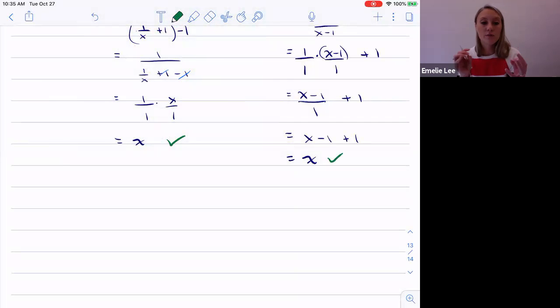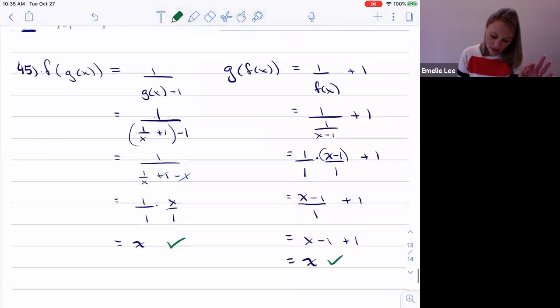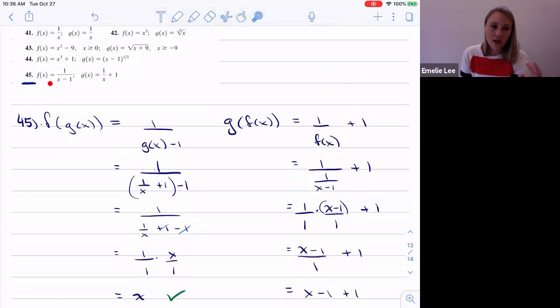So now we've been able to confirm that because I was able to show that the compositions either direction, right, just give me an x in the end, well, by those cancellation properties, g is the inverse of f and vice versa.